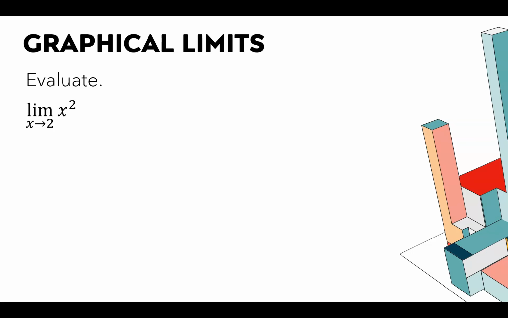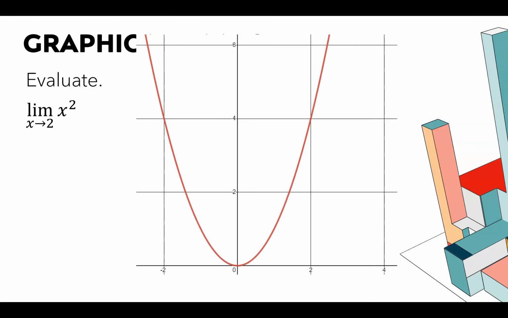So if we're going to evaluate the limit as x approaches 2 of x squared, if we were doing numerical limits, we would be choosing x coordinates closer and closer to 2 on both sides and substituting those into our function. And we probably even in class have done that.